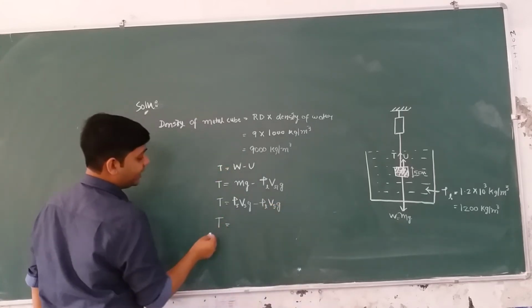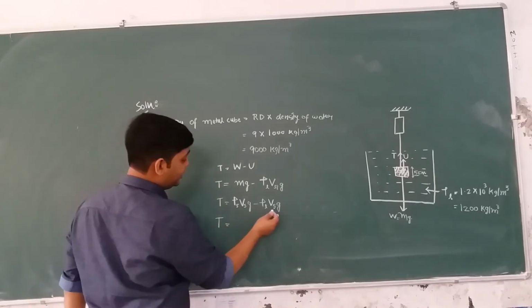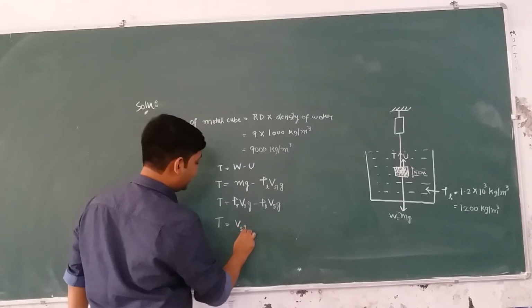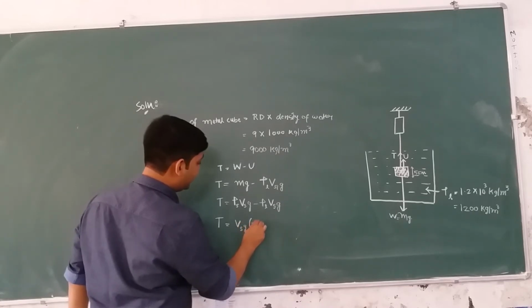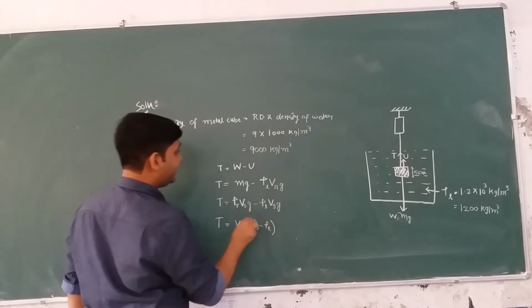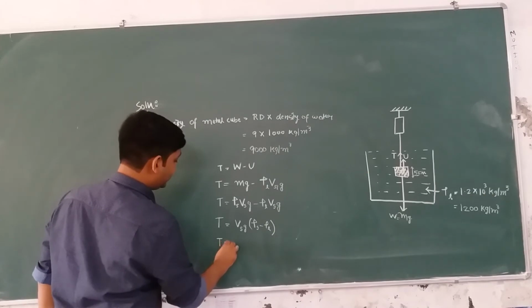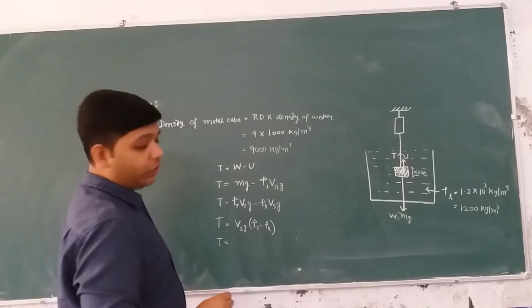So from here T can be written as, we can take G and Vs common, so Vs into G is taken out common, we will be left with rho S minus rho L, right? And now we can further solve it as T is equal to, what is the volume of solid?